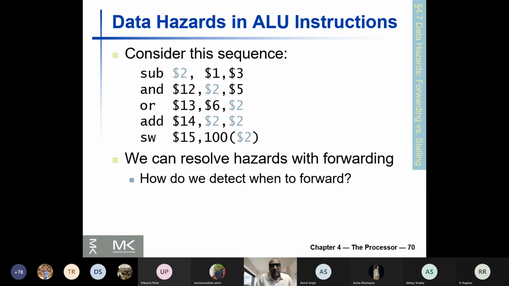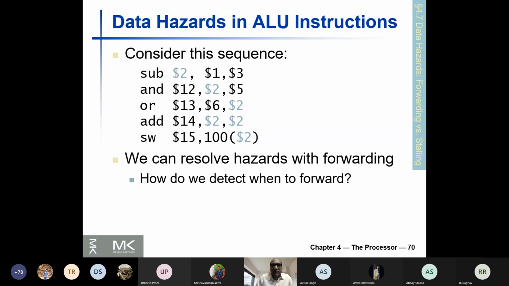So if you recollect, in the last class we just focused on the design of the data path and how the controller will be in case of pipeline architecture. Today we'll see that there are certain issues while executing instructions in a pipeline, known as hazards: data hazards, control hazards, and structural hazards.